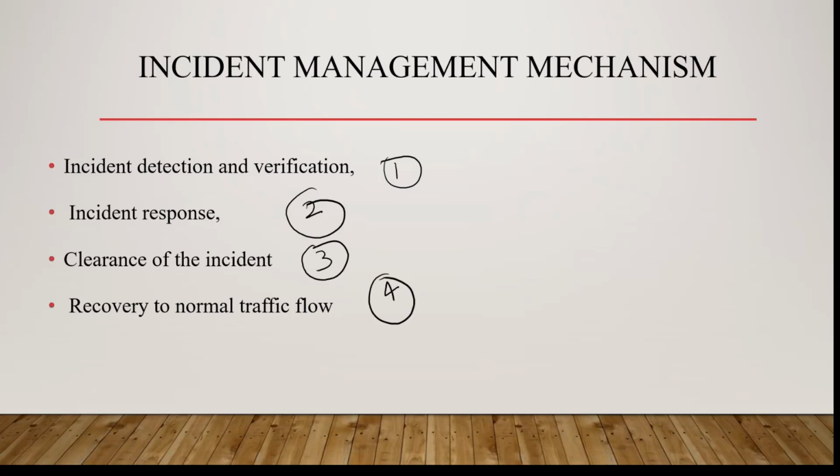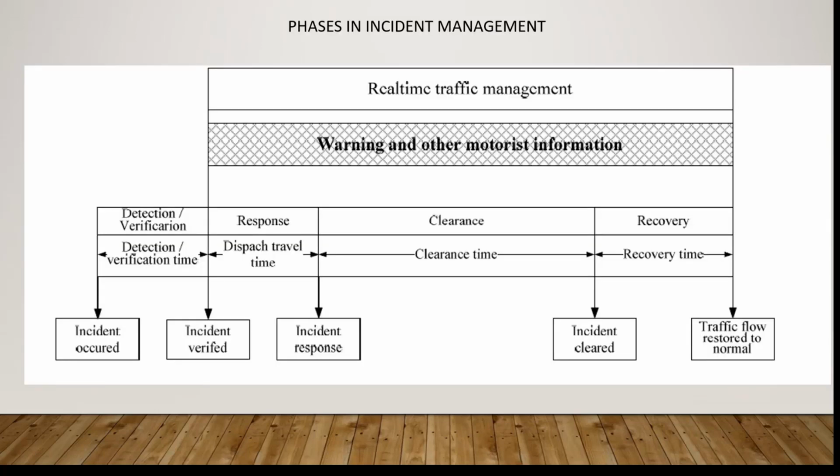Now we will try to understand those 4 points while understanding different mechanisms. This specific chart is about the phases in incident management. We are trying to understand how the real traffic management situation occurs so that we can provide all the warning and alert signs to the user.